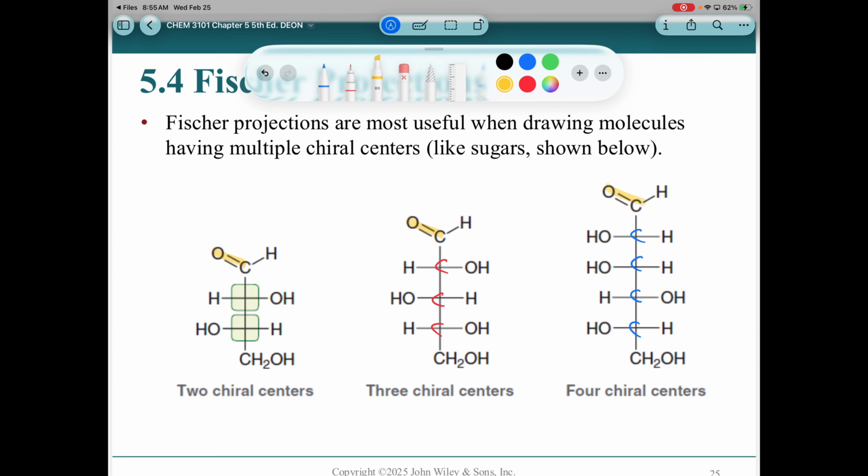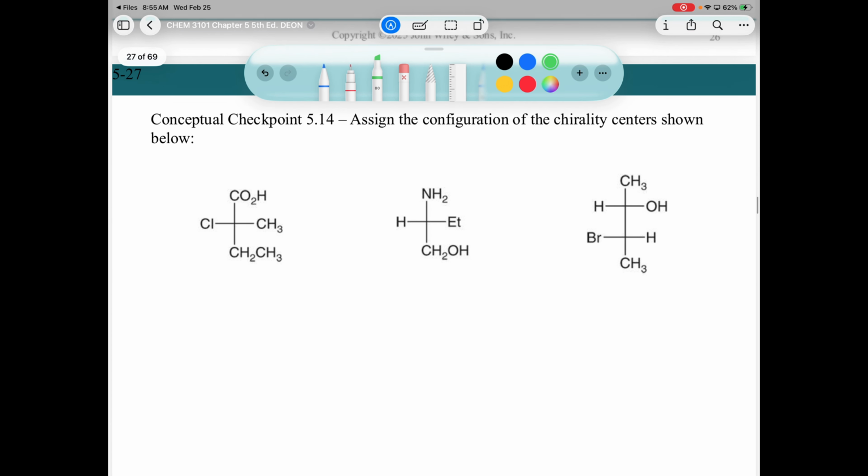Well, what has a higher priority? Those carbons that have 2 bonds to oxygen, or these ones down here that only have 1 bond to oxygen? So normally we put the highest priority group at the top. It's just the standard way we do it, and it's not just me, all chemists do it that way. Highest priority carbon will be at the top. Cool? So that's why you would do that.